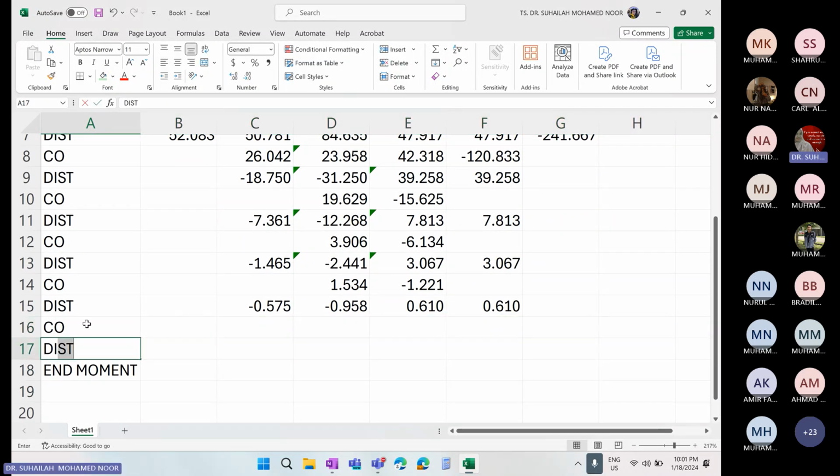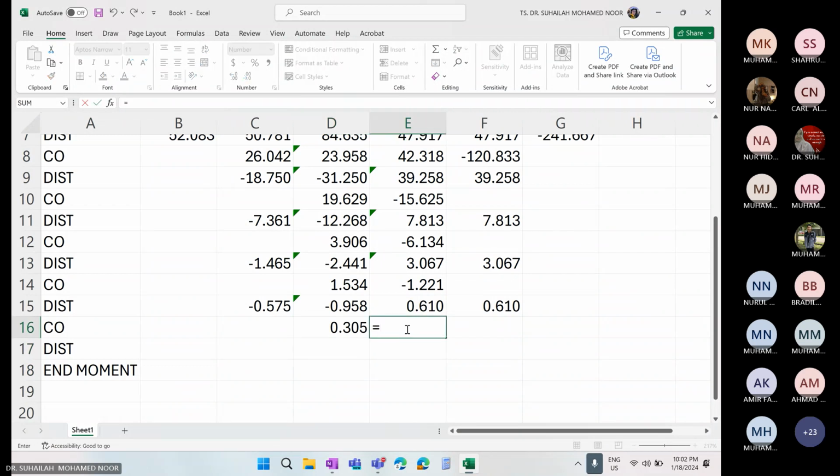Another cycle. Carry over and distribution. And then distribution.